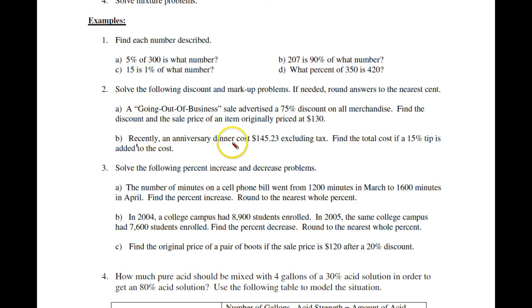Recently, an anniversary dinner cost this, including tax. Find the total cost if a 15% tip is to be added. Okay, so a formula for that is, this is what the cost, including tax, of the meal was.